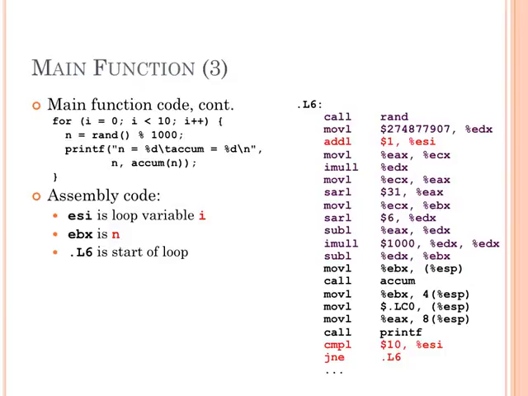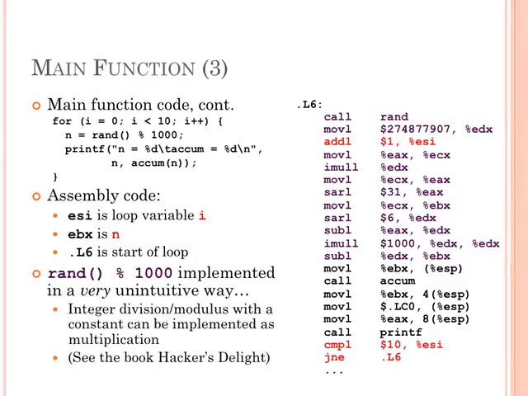If it's not equal to it yet, go back to the top of the loop. Okay, and so it just loops 10 times. So that's the red code. That implements the flow control specifically. Now I say here that EBX is n. I don't have anything here for that, but we'll go into this in another step or two.